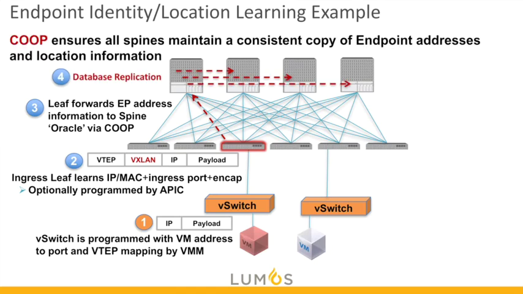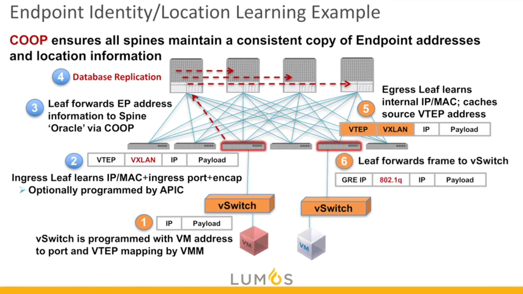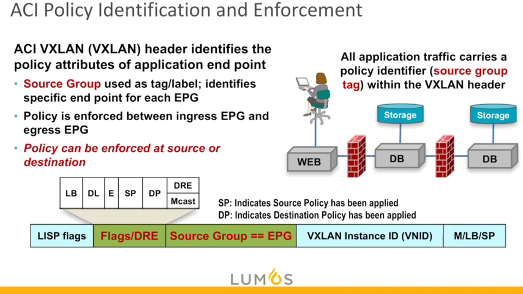The spines will then replicate that to the other spines so that all the spines will always have the same information. The egress leaf learns the internal IP and MAC, caches the source VTEP address, forwards it to the vSwitch, and the vSwitch will forward it using an encap of 802.1q in this case, and will transmit the packet to the VM.